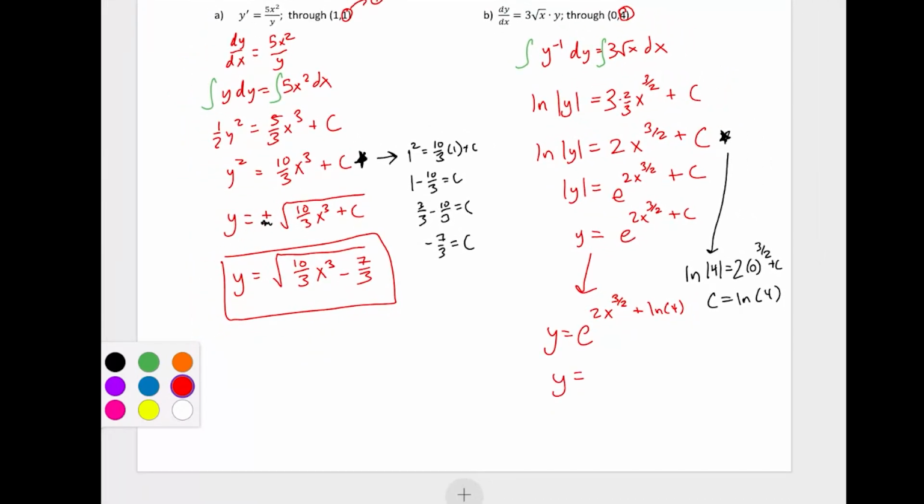Using those exponent properties, we can split this up, and e to the natural log of 4 is just 4. So our final answer here should be 4 times e to the power of 2 times x to the 3 halves. And that's going to wrap it up for tonight.